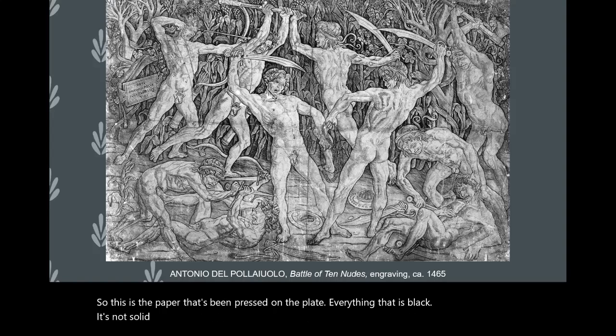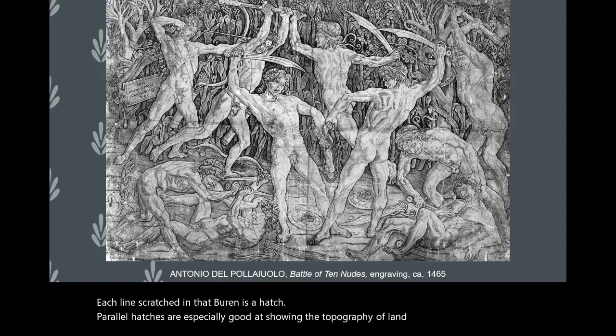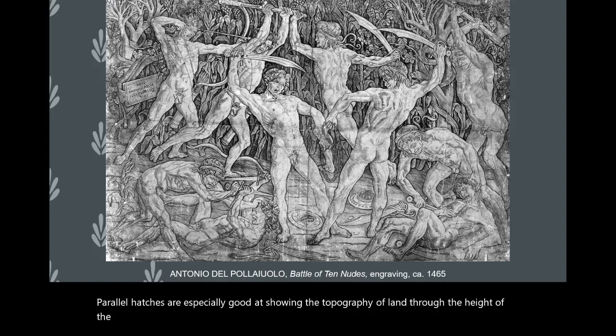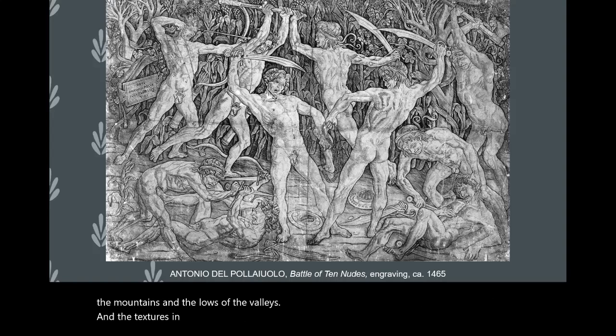It's actually a very painstaking design of parallel hatches. Each line scratched in with that burin is a hatch. Parallel hatches are especially good at showing the topography of land, so the height of the mountains and the lows of the valleys, and the textures, in this case, of muscle.